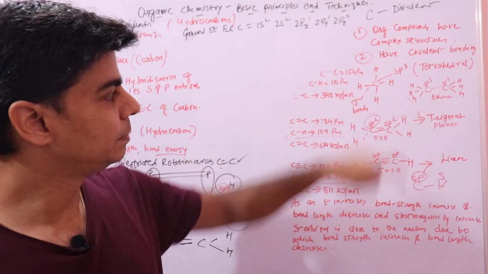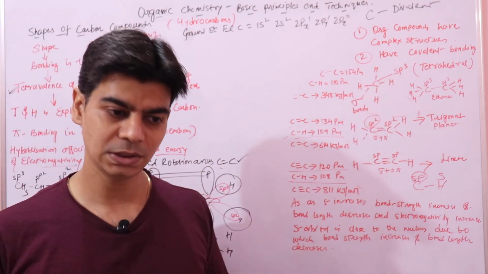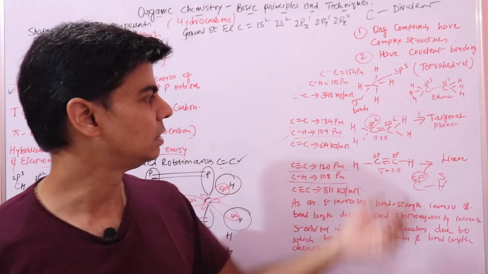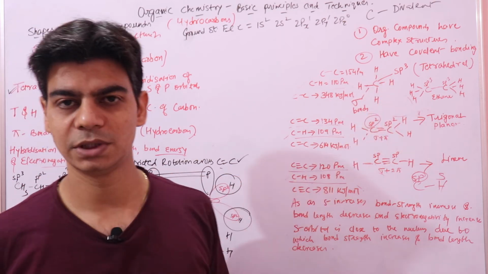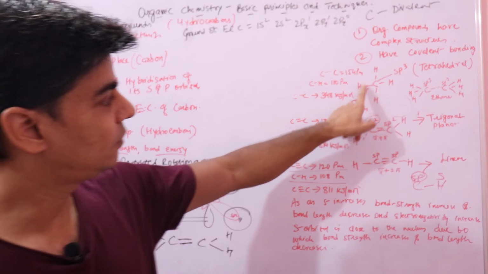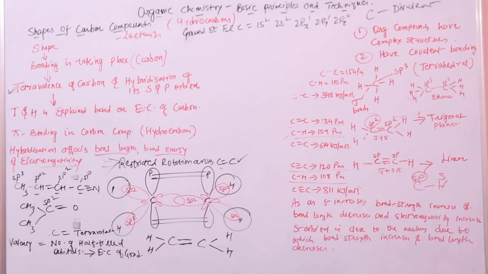But if we look at this methane molecule, it can form 4 bonds. That means its valency is 4 here, because valency is combining capacity. It can combine with 4 hydrogen atoms. So how can we explain the tetravalency of carbon? That is why we say it needs explanation.